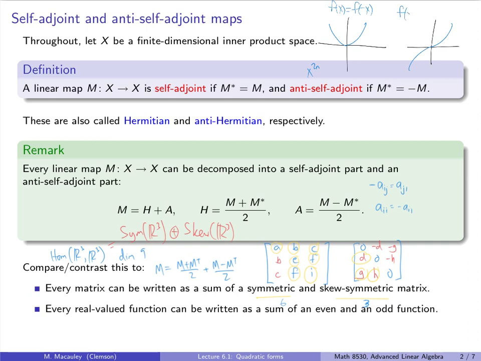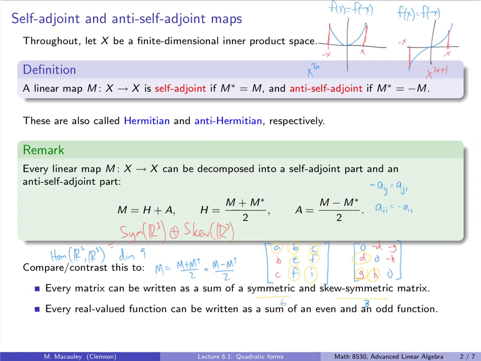So that means f of negative x equals negative f of x. If we compare x and negative x, in the first case, they have the same outputs. And in the second case, x and negative x have the same outputs, but the sign is different. So any x to the 2n plus 1 is going to be odd.